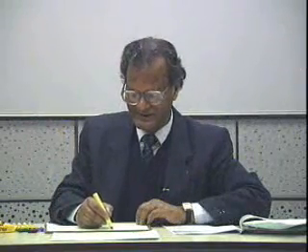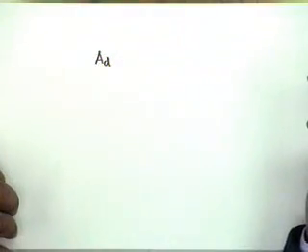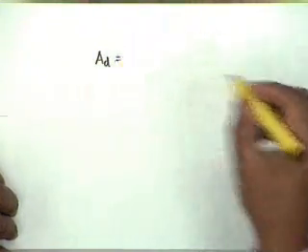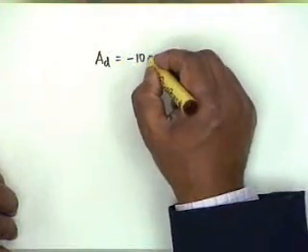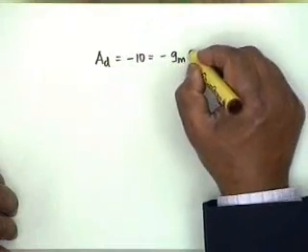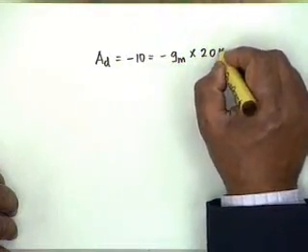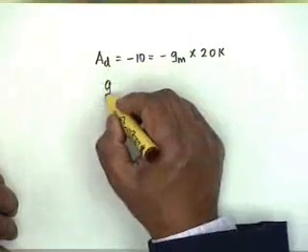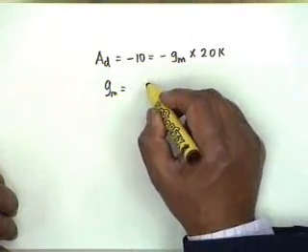Now the first thing we do is we start from AD, because we know RD, therefore we can find out GM. AD is minus 10, this is given, and this should be equal to minus GM times RD, which is 20 K, and therefore GM is 0.5 millimho.